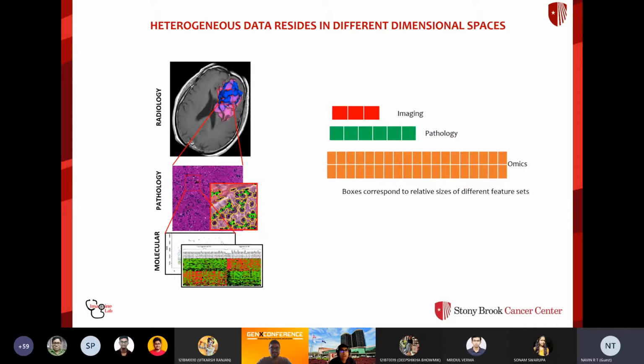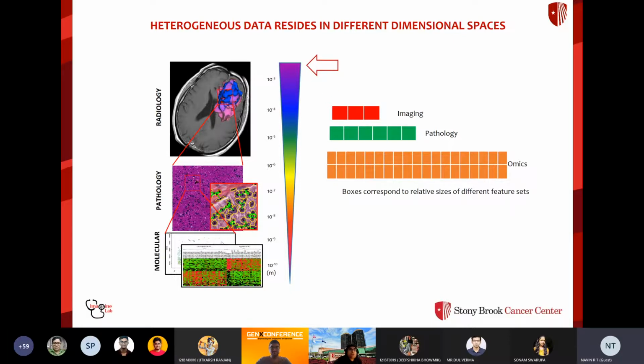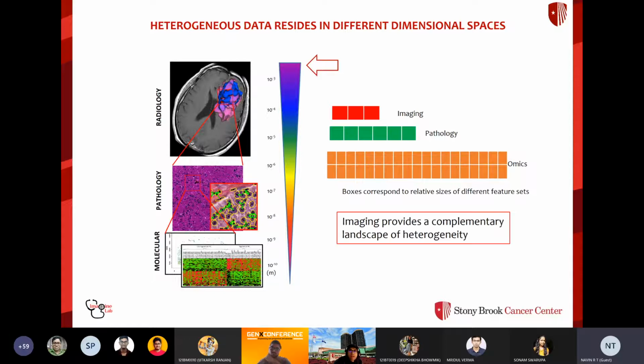And we believe that the heterogeneity in the lower length scales is also manifested on imaging and can be captured via different kinds of imaging techniques. Now, imaging provides a complementary landscape of characterizing the underlying heterogeneity, orthogonal to what may be gleaned from the other length scales of data.